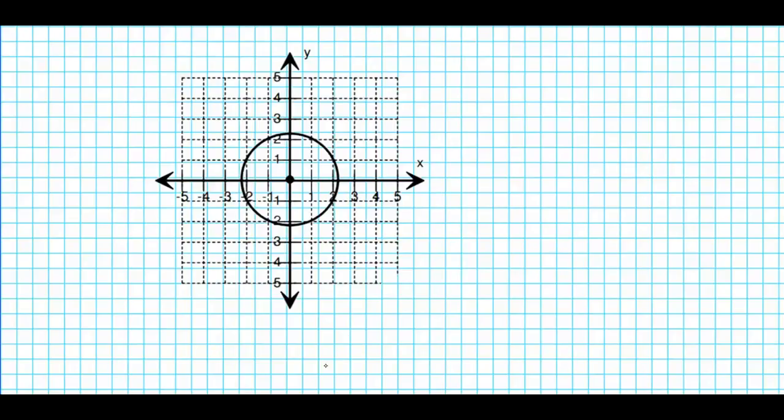Okay, let's take a look at question number 6. Now, in question 6, we're given the graphical representation of a relation. Okay, so is this a function or not? Is this graph the graph of a function or not? Now, this is the tip right here. When you're presented with a relation in graphical format, what you use to test or determine if it's a function or not is something known as the vertical line test.